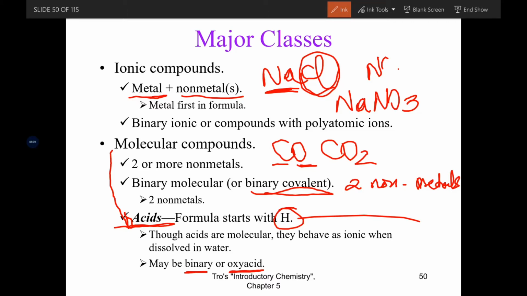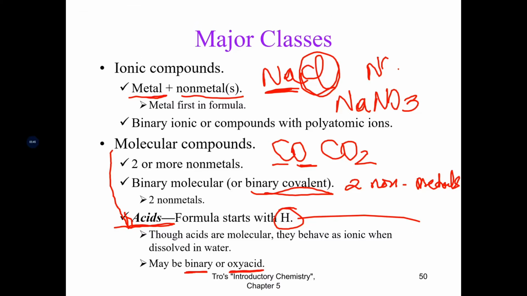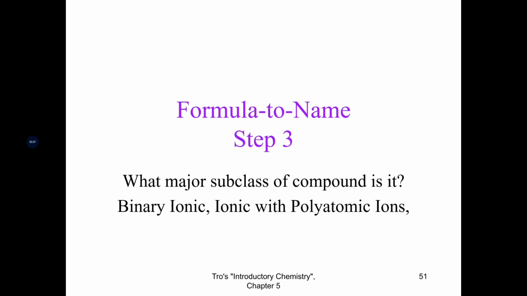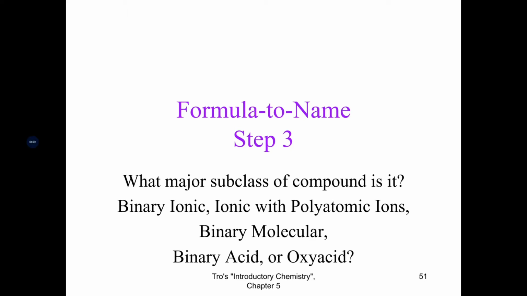We're going to explore binary acids, then we'll go on and look at oxyacids. Within each, we are going to look at the subclass of the compound. Is it binary ionic, or is it ionic with a polyatomic ion? Is it a binary molecular, or is it an acid? And within acids, is it a binary acid or is it an oxyacid?